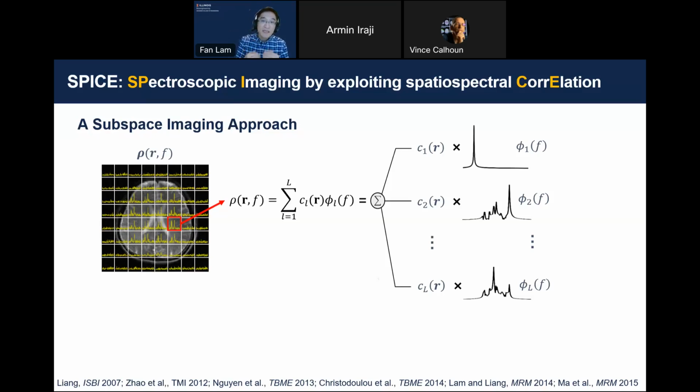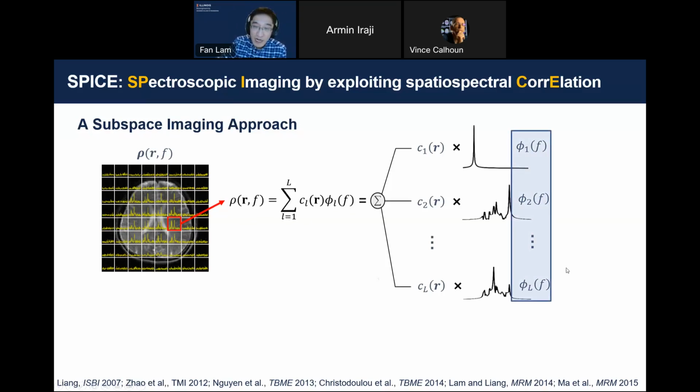So there is inherent, very low dimensionality in the data, embedded in this very high dimensional space. Driven by that, we can express this high dimensional function at each voxel as a linear combination of a small set of basis functions.